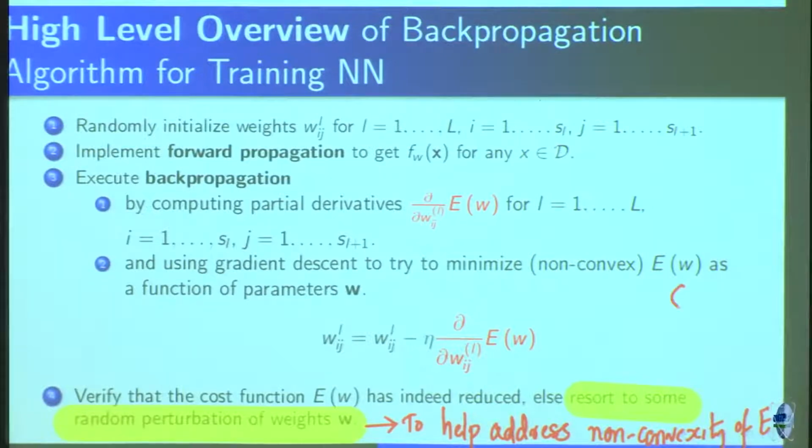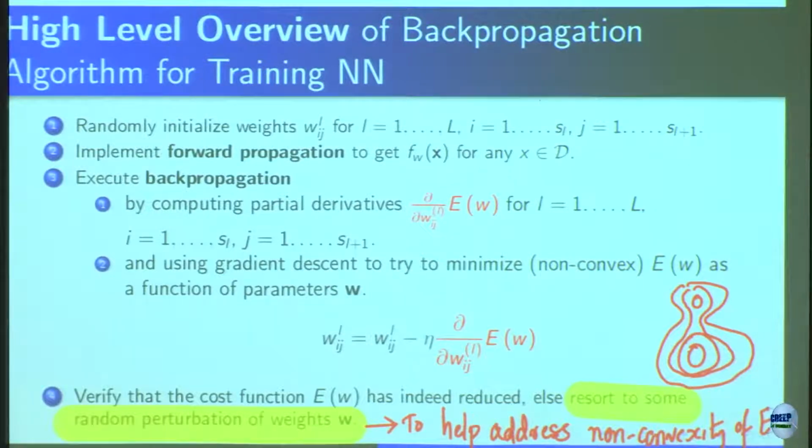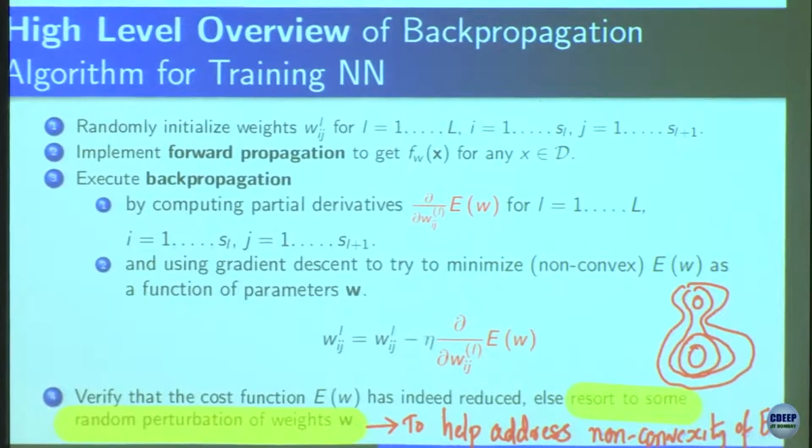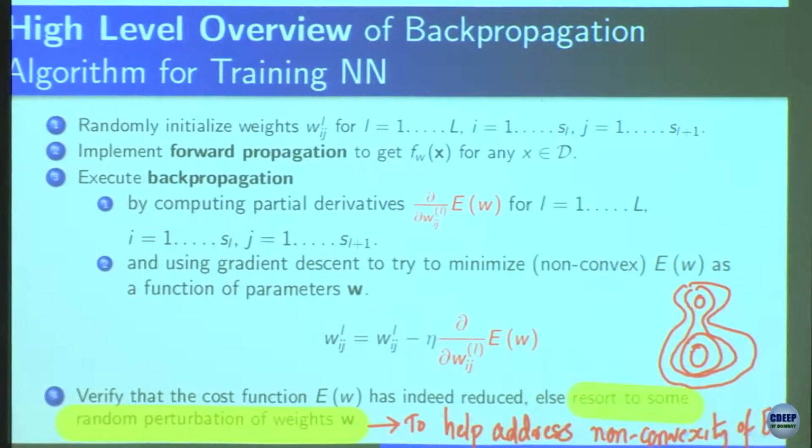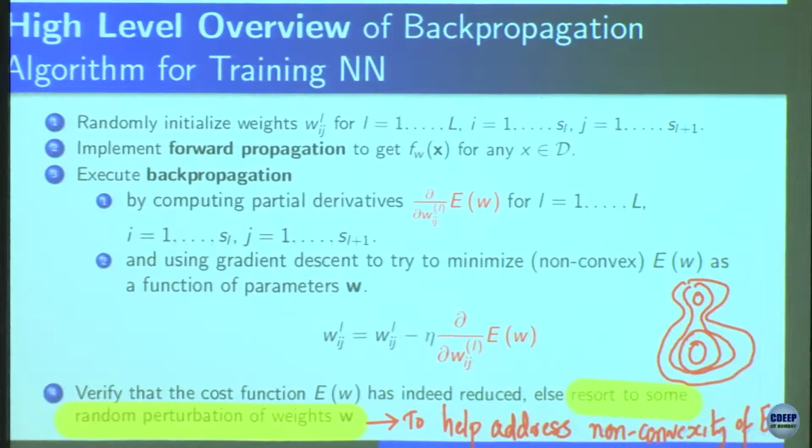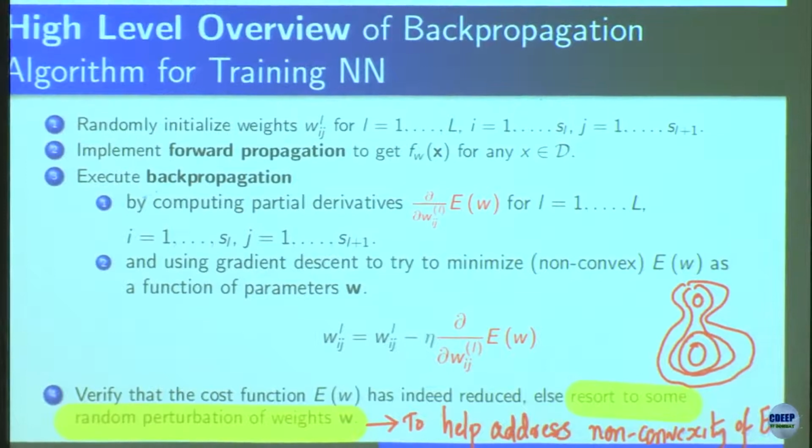And this is the image you can keep in mind. Non-convexity means you will have these different regions. One region may not connect to the other. So this is a high level idea, and when I say now compute the partial derivatives, that is where you will use chain rule. Okay, so chain rule is basically coming here.